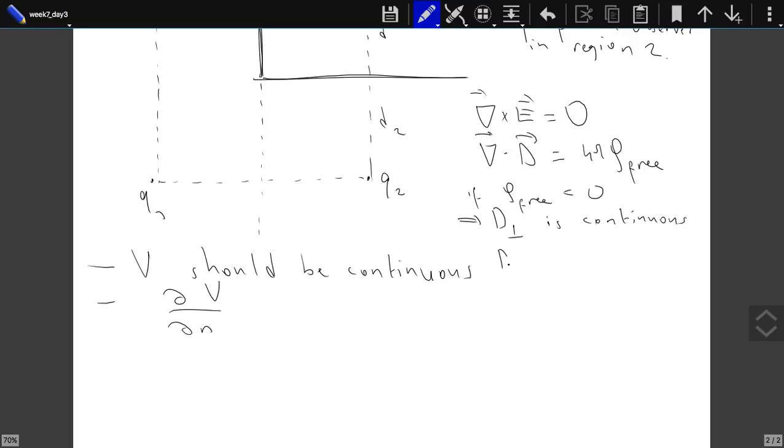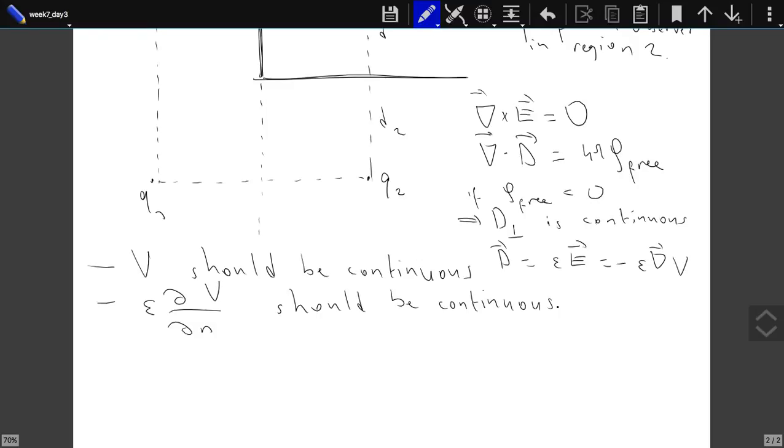And for a linear dielectric at least, D is equal to epsilon times E, minus epsilon times the gradient of phi, of V. So the perpendicular component of the D field is not equal to the normal derivative of V, but epsilon times the normal derivative of V. Well, since epsilon is not continuous across our interface, the normal derivative of the potential to the surface should also be discontinuous.